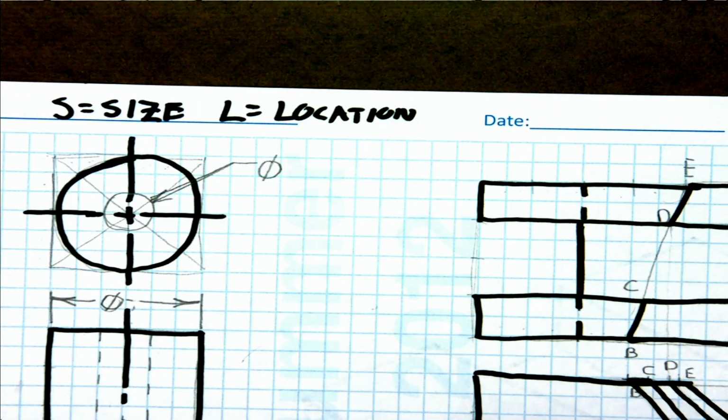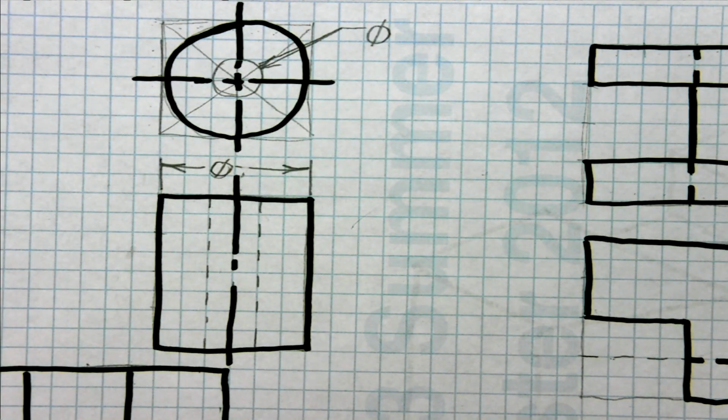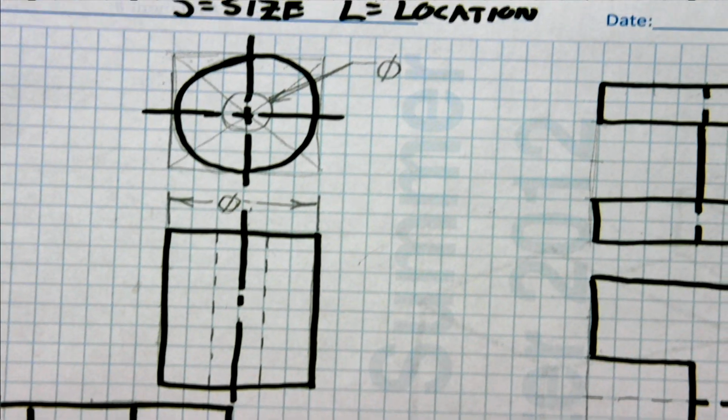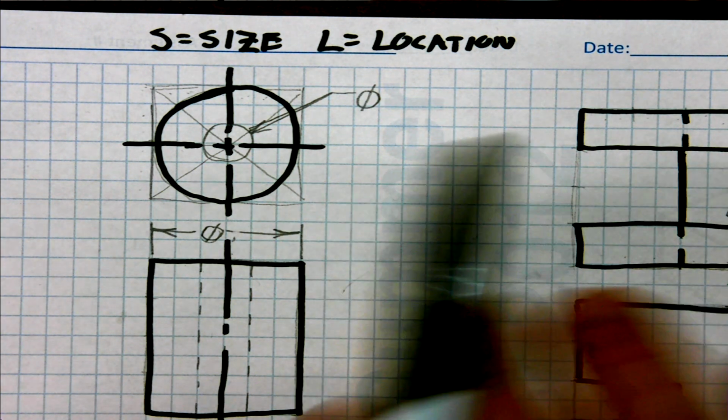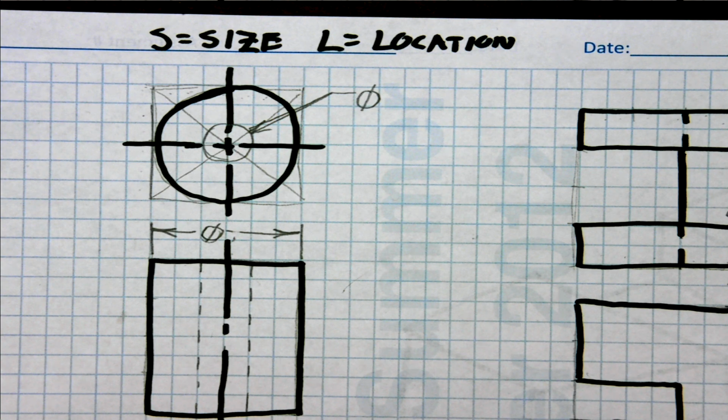What I'm talking about in a CAD program would be referred to as dimensional constraints. In standard engineering drawing, we're talking about just dimensions.